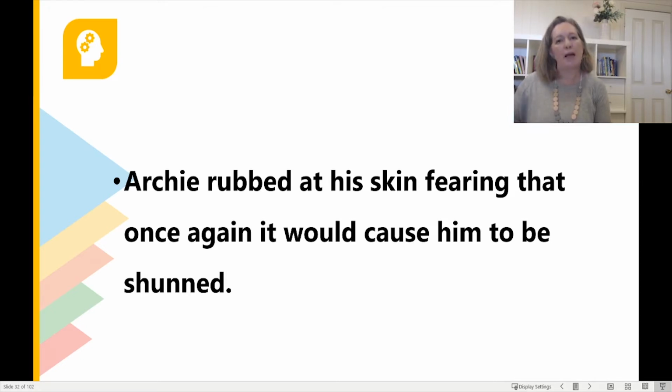Now, what reasons are people shunned for their skin? This is probably a colour issue. So we can see that there's racism in this community without actually having to make the statement, Archie lived in a very racist community. So we want to try and convey these ideas as subtly as we possibly can. So Nick's going to have a look now at how we can do that really effectively.